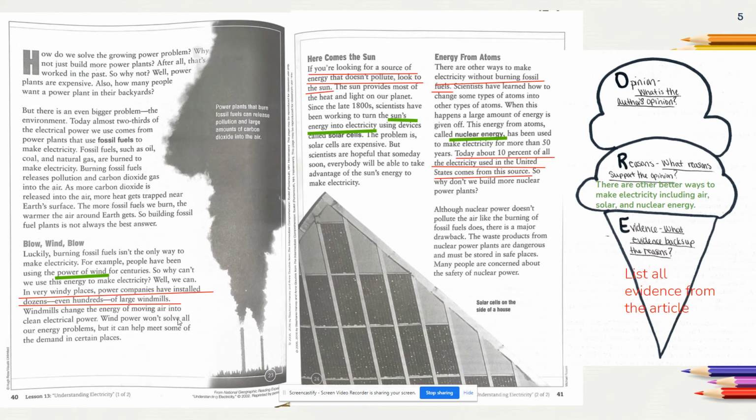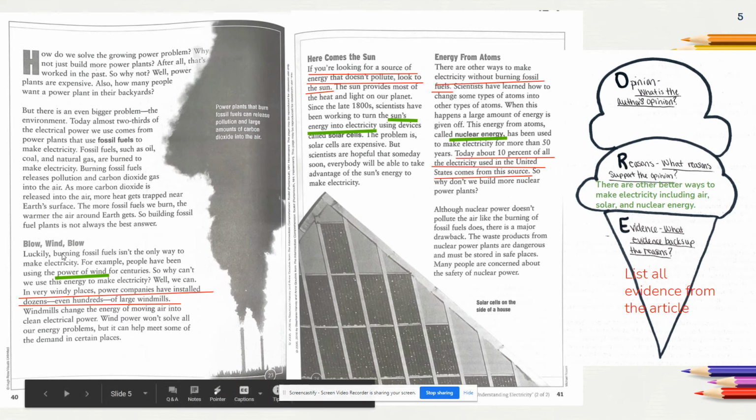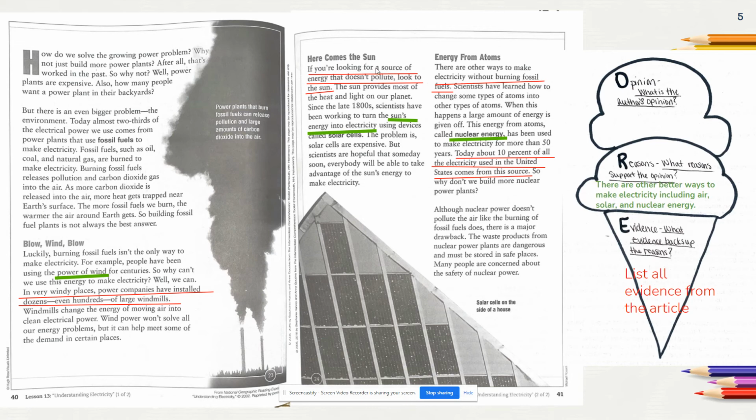That supports the claim that wind is a form of energy. Also, if you're looking for a source of energy that doesn't pollute, look to the sun. The author stated previously that they were concerned about fossil fuels causing problems in the environment. Okay, so a way to cut down on that pollution is to use the sun.